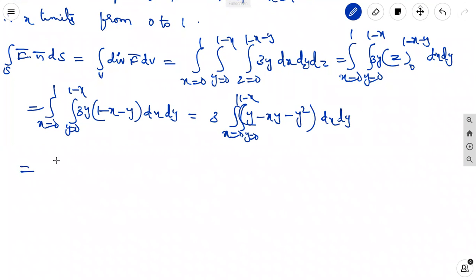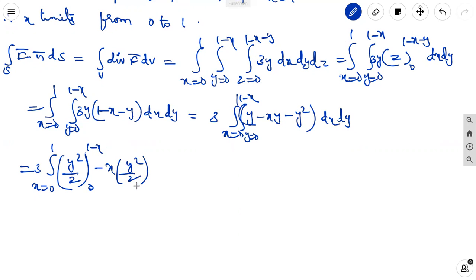Now we can integrate with respect to y. 3 integral x limits from 0 to 1. Here the y integration is y square by 2, limits from 0 to 1 minus x. Again, xy integration is x into y square by 2, limits 0 to 1 minus x. And y square integration is y cube by 3, limits from 0 to 1 minus x, whole dx.